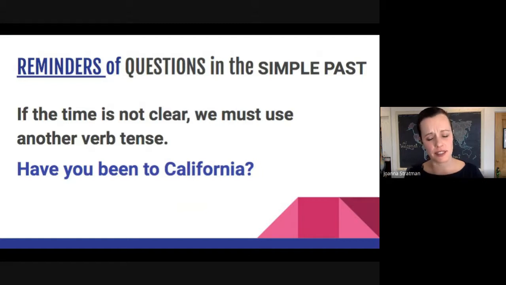Have you been to California? I cannot say, did you go? Because remember, did you go is only for a specific time. If the time is not clear, if I am asking about your whole life, we have to use this one. This is the present perfect. Have you been to California?